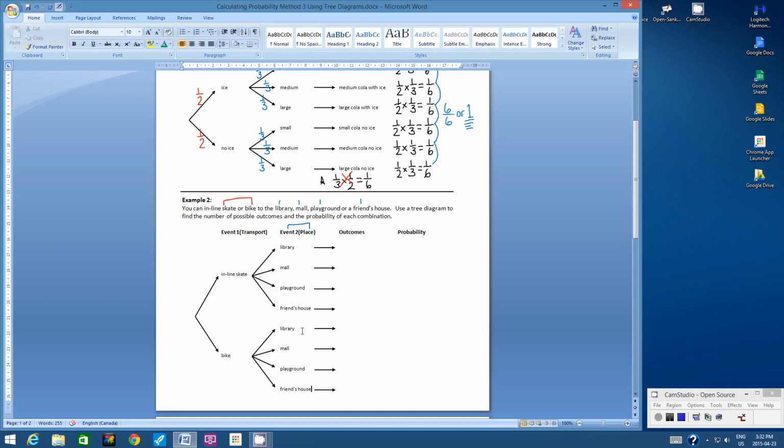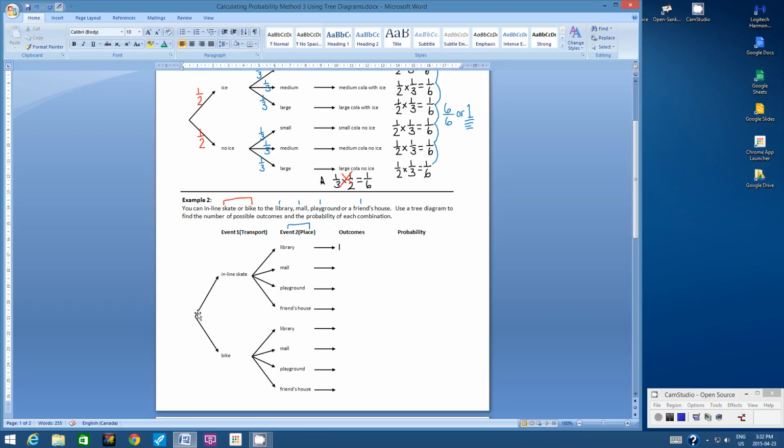Okay, so again, the bottom part of the tree has to look exactly the same as the top half of the tree. Now in this case, there's only two halves, because we have only two outcomes in our first part of the tree here. Do you remember how to list the outcomes? We just follow the branches.